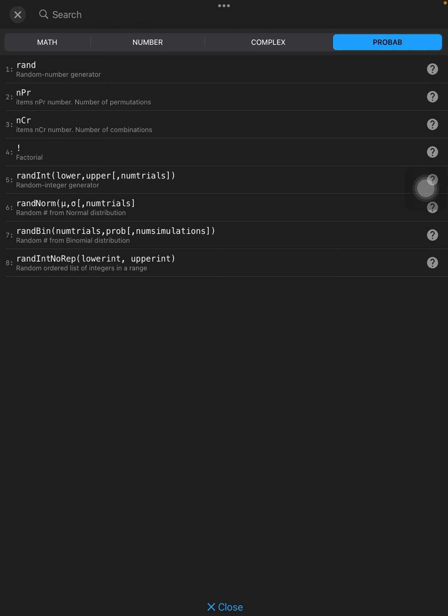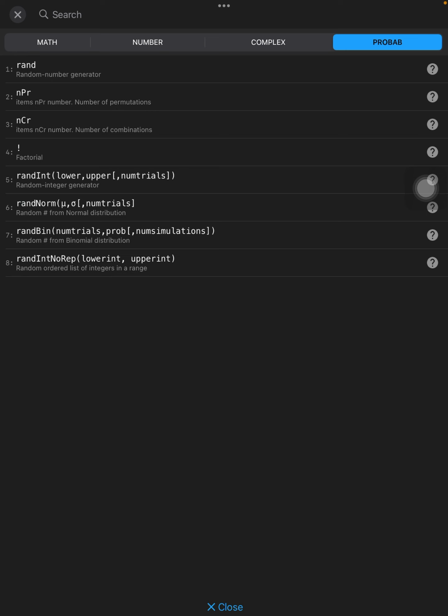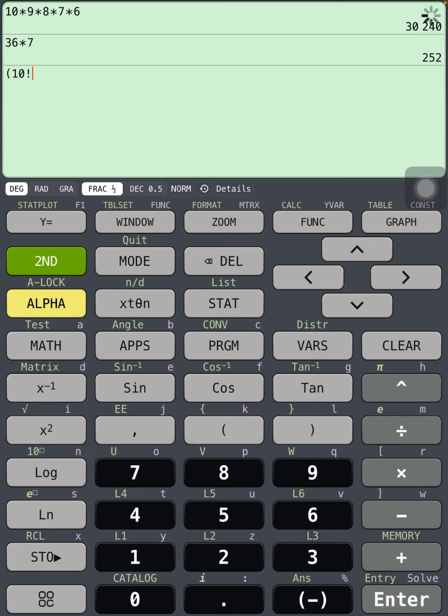Now, to show that these were equal, we could say again, 10, and then factorial is there in math again, probability, number 4, factorial. And then we're going to divide that by 5 factorial and 5 factorial again.